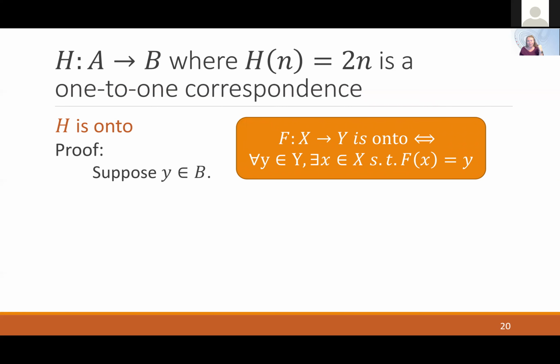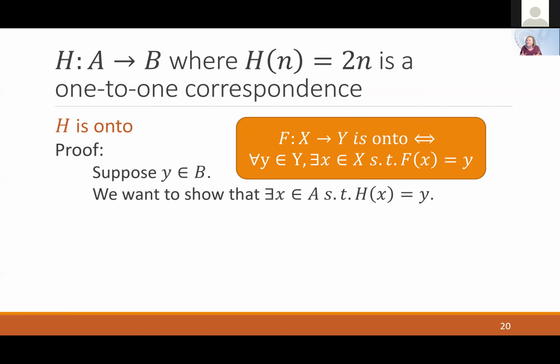So what we have to do is just pick a random number out of our set B. And what we want to show is that there exists some number in our domain such that when we apply our function h to that x, we end up with y.